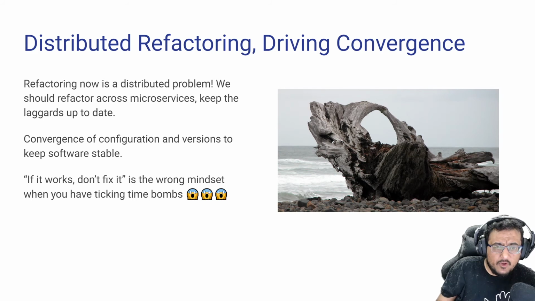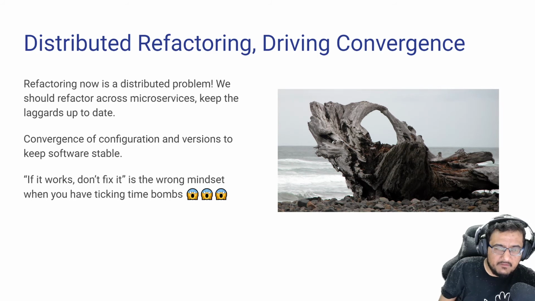And we want to keep convergence of that configuration and versions and pipeline delivery. But one thing that I always have said is that the mindset of "if it works, don't fix it" is a problem. For me, software that is not being maintained properly is a ticking time bomb, right?